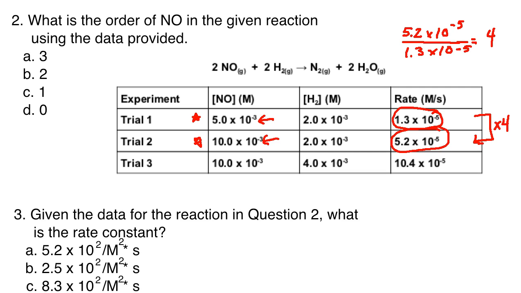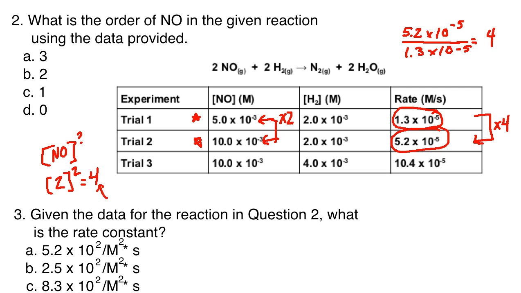And if I take a look at what happened at the concentration, 5 times 10 to the minus 3 goes to 10 times 10 to the minus 3. So this right here is a double in the concentration. So if my concentration doubled, so if NO doubled, meaning it went to 2, then the question is, how did I quadruple the rate? You would need this to be second order, because that would give you 4, right?